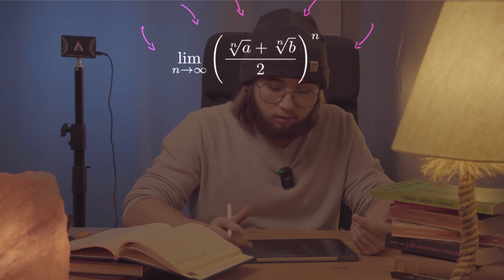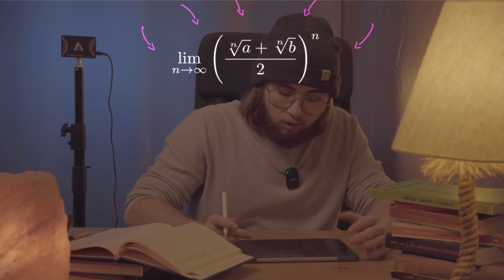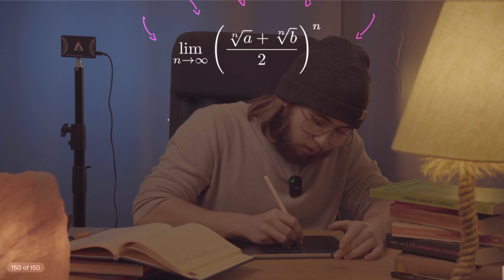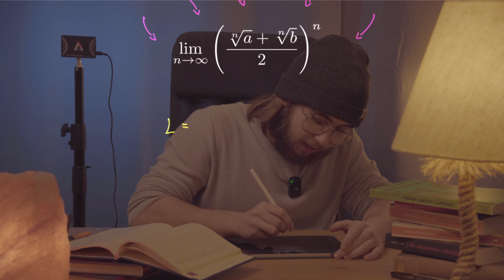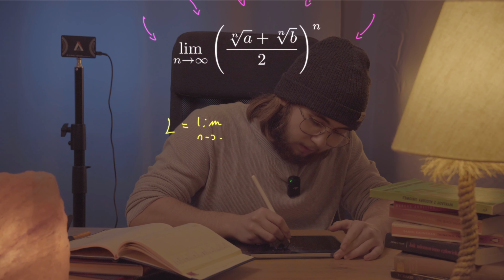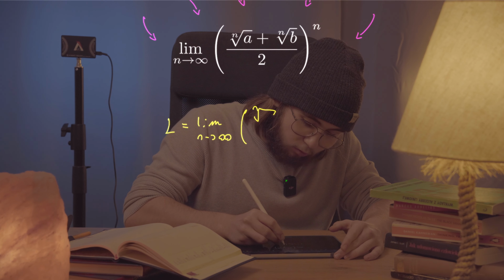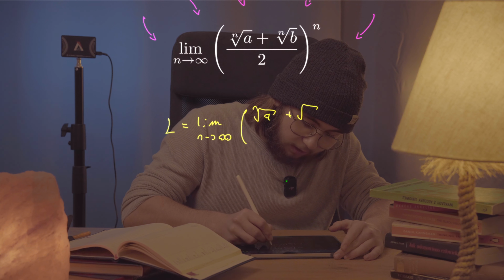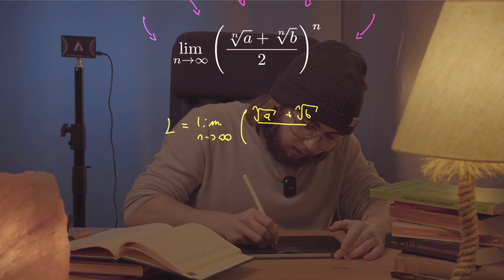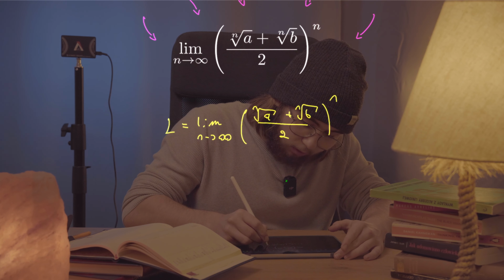So what we can do is first denote this limit I want to evaluate as some kind of L. I would like to set my L equal to the limit as n approaches infinity of this nth root of a plus that nth root of b all over 2 and all to the power of n.